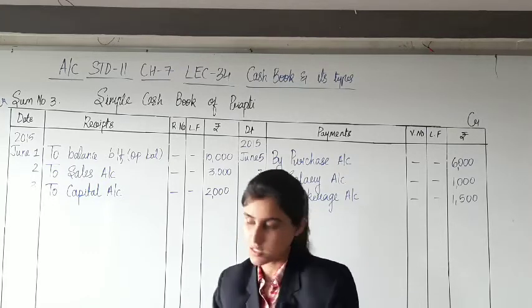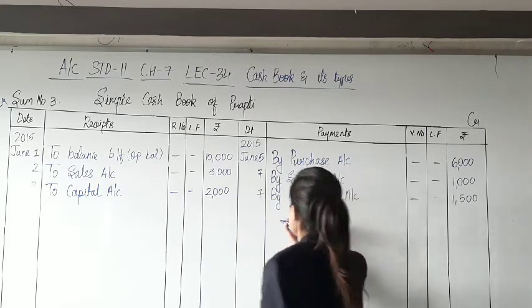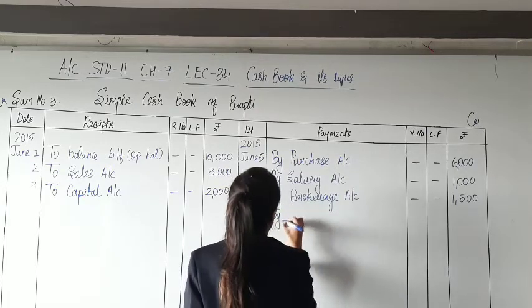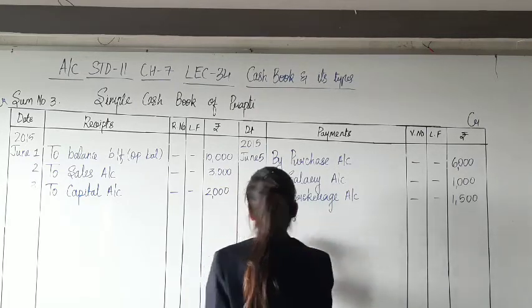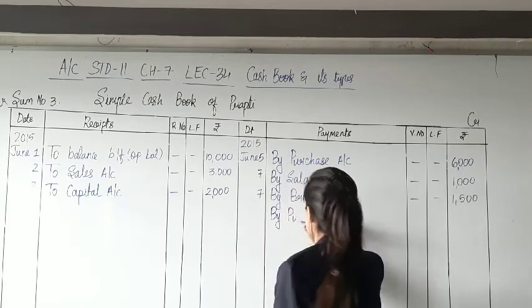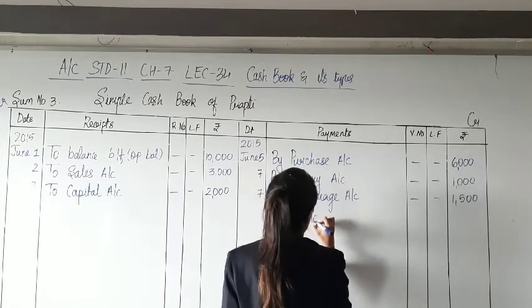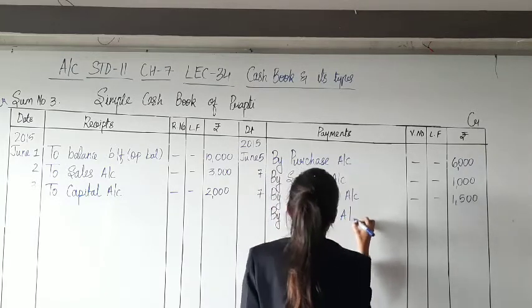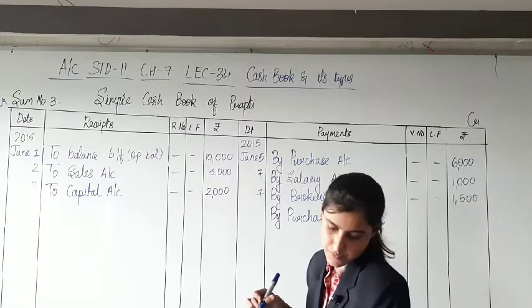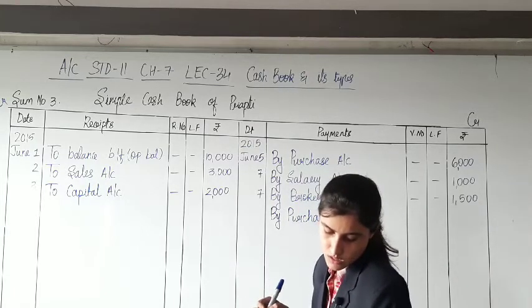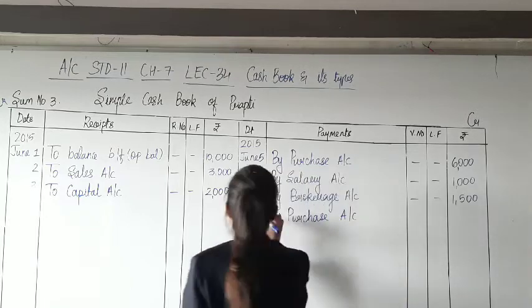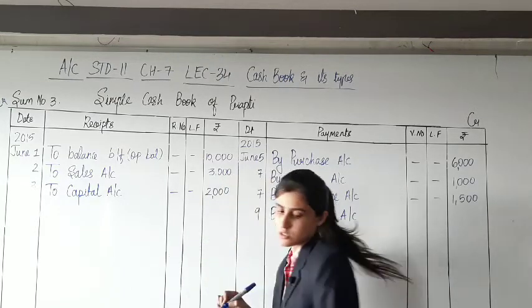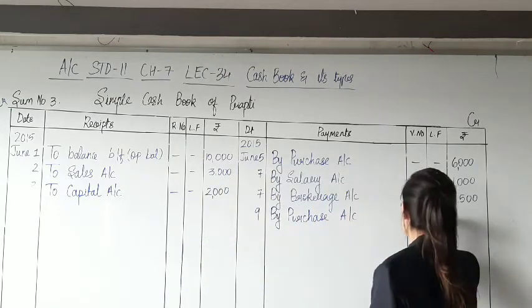So on the payment side, by purchase account, what is the date? 9th of June, goods of rupees 5000.